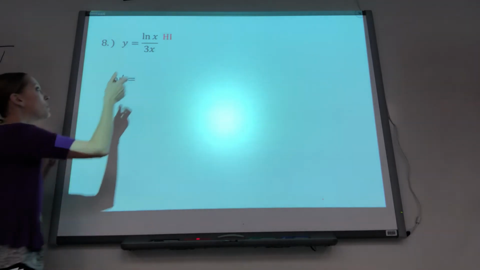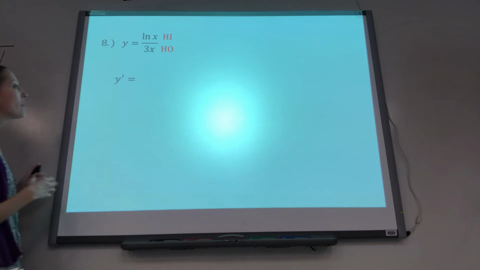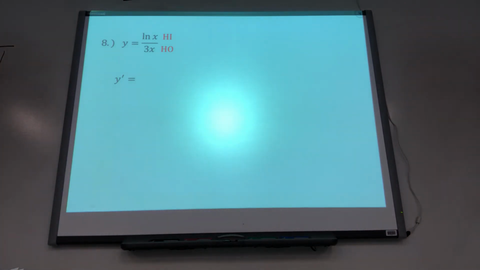It's a quotient rule. Yeah, you have something with x divided by something with x. So, ho-de-hi minus hi-de-ho all over ho-ho. Here goes nothing. Ho is 3x. D-high, that would be 1 over x.